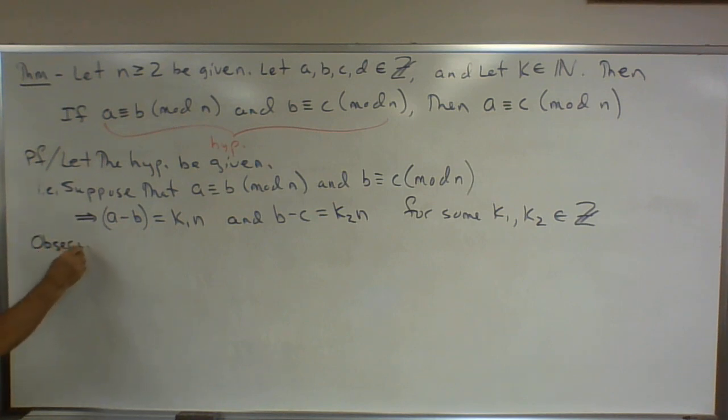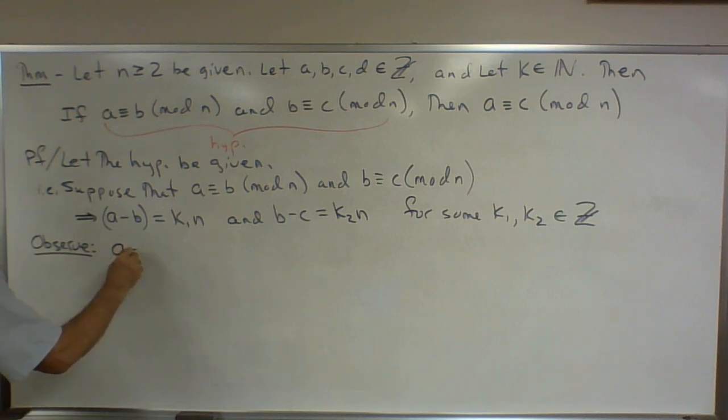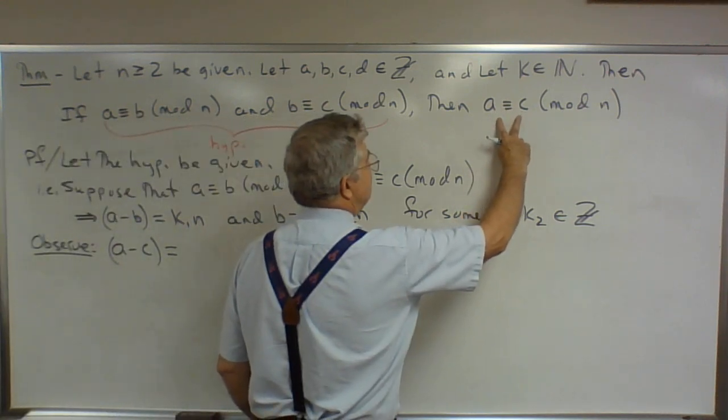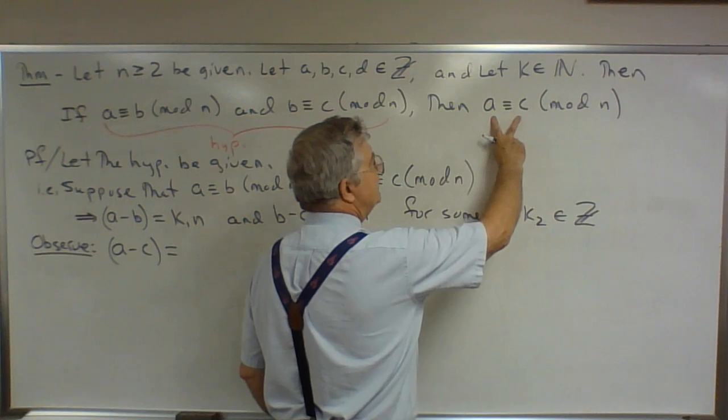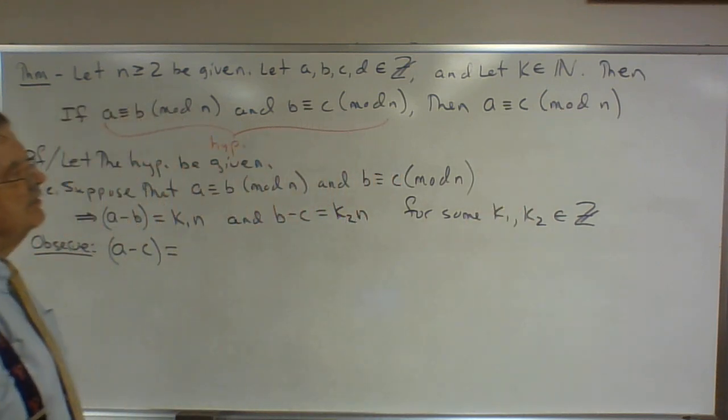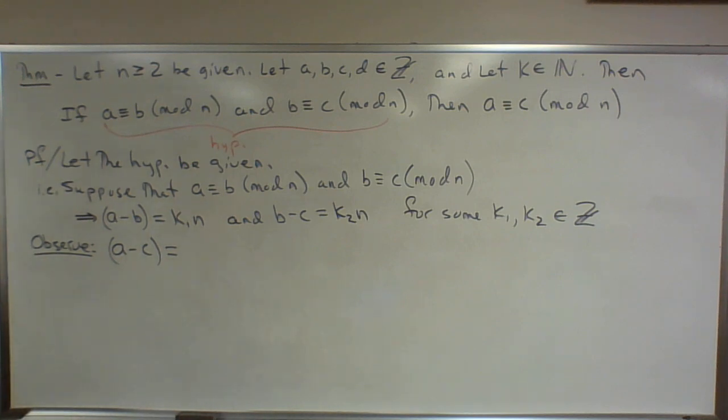And I think I know how this is going to work out. I haven't really thought it out, but I think I can see how it works. We're trying to prove something about A and C. We want to show that A minus C is a whole number multiple of n, because that will mean that A and C are congruent modulo n.